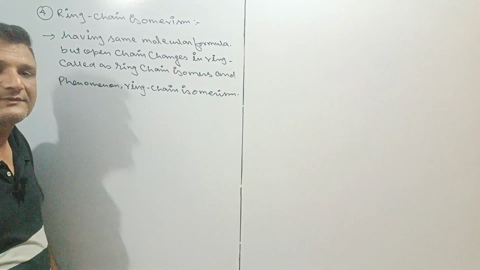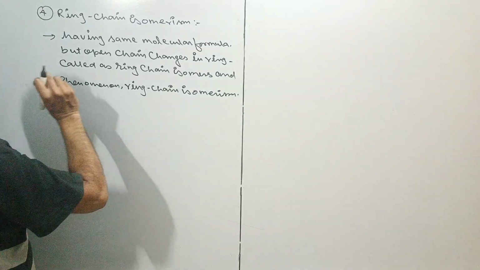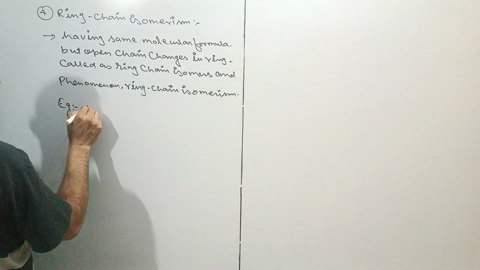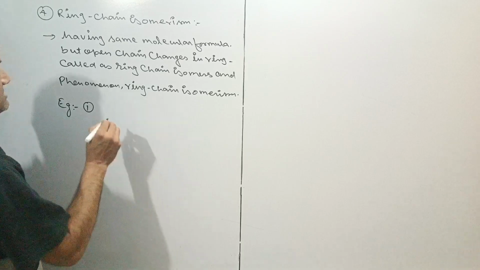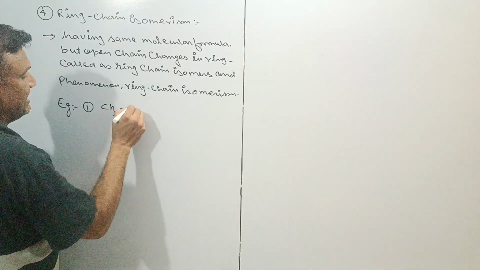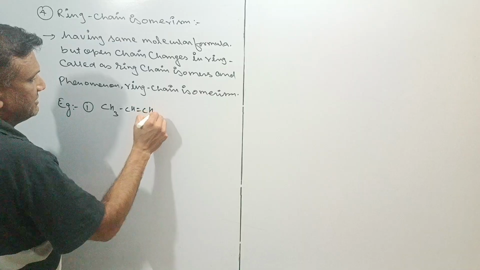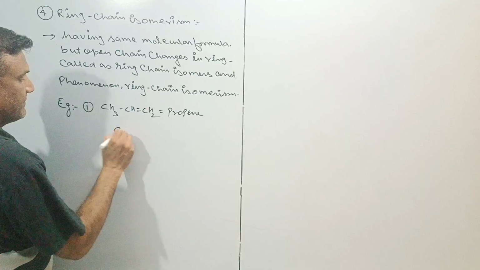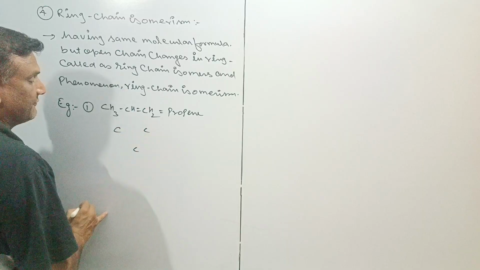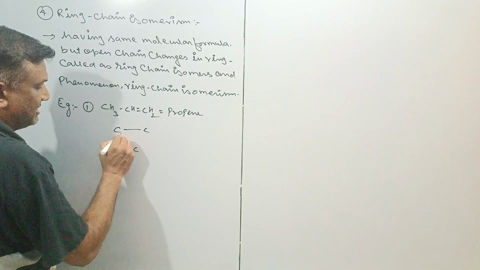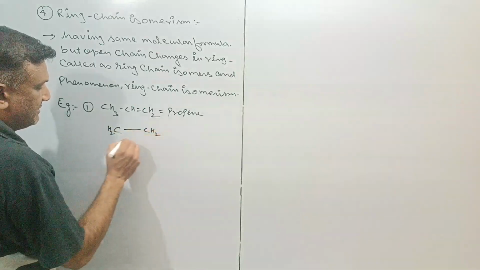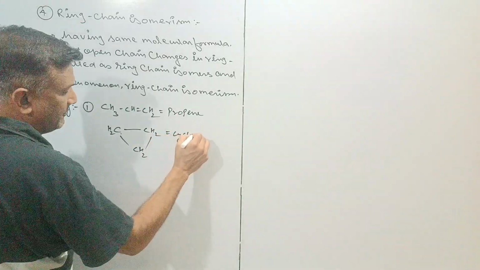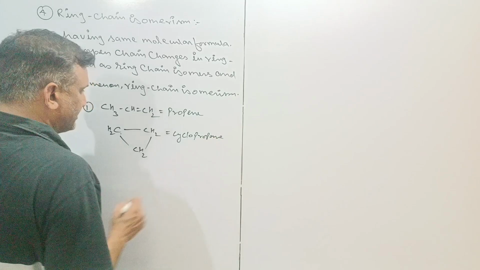If we go with an example, first of all we can take CH3-CH=CH2. This is propene. If you go with the ring of this compound, you can take cyclopropane as an isomer.